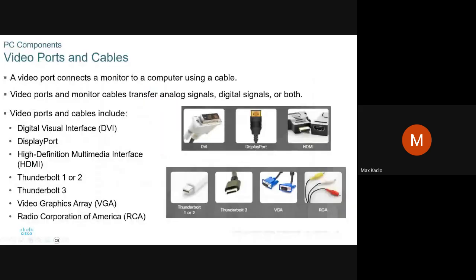So if you want to connect your PC to your monitor, we have different types of cable. To view video on your monitor, you have DVI cable, we have DisplayPort, HDMI, and all this stuff. In the old days, we were using these ones 20 years ago.